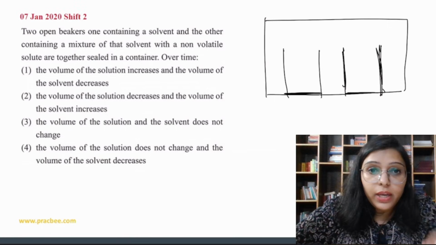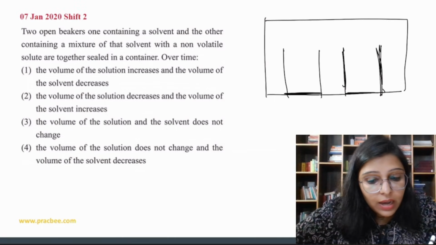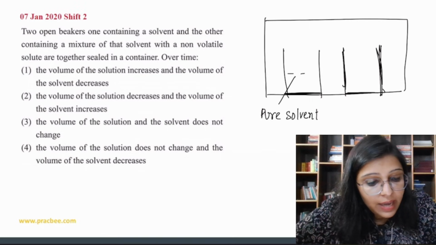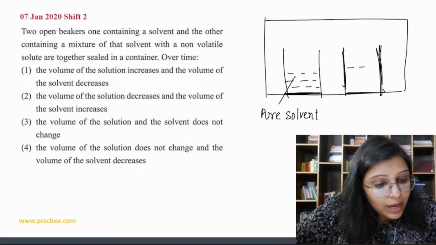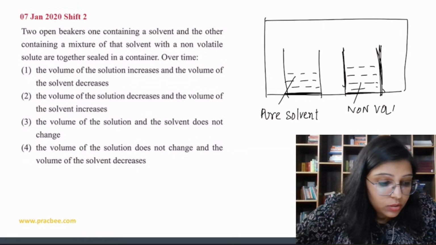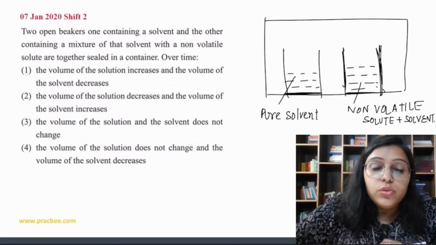In one beaker, we have a pure solvent. Now in this beaker, we have non-volatile solute plus solvent.